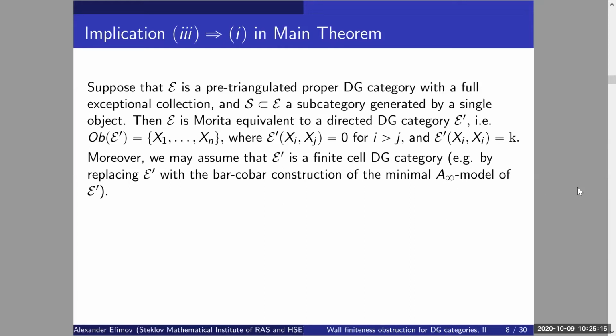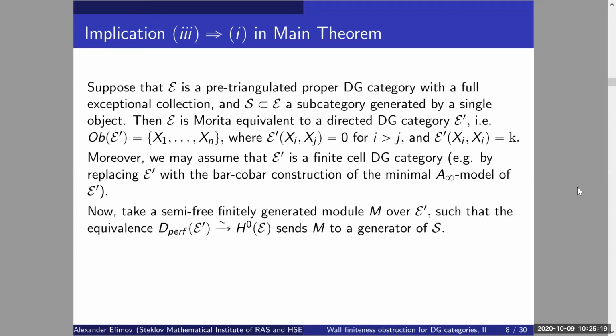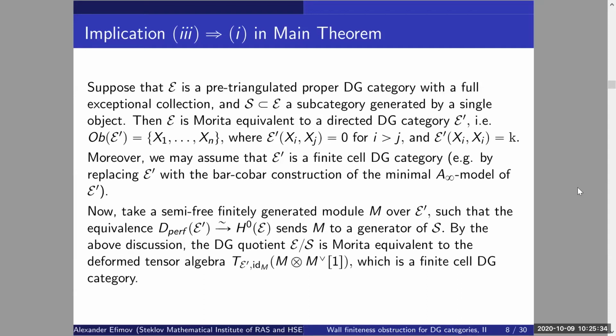So we can assume that this E prime is a finite cell DG category, and now we can take some semi-free finitely generated module over E prime, which corresponds to the generator of the subcategory S. And then, by what we already discussed, if we take the deformed tensor algebra of M tensor M dual shifted by 1, where the deformation is given by identity of M, then this deformed tensor algebra will be Morita equivalent to this Drinfeld quotient of E by S. And this tensor algebra is a finite cell DG category because E prime is, and this M tensor M dual is a semi-free finitely generated bimodule.